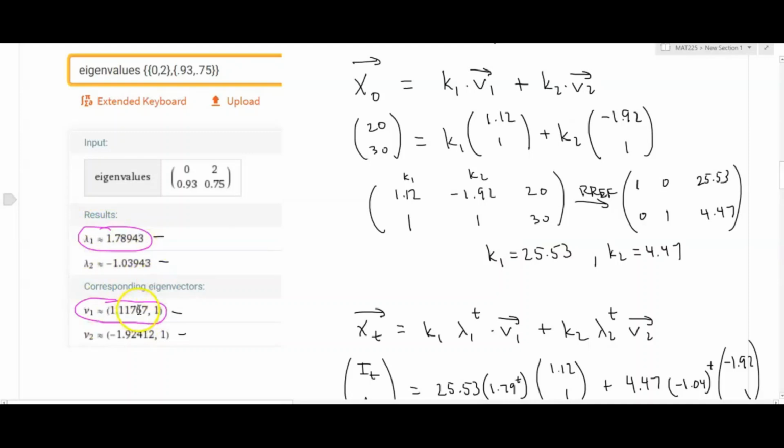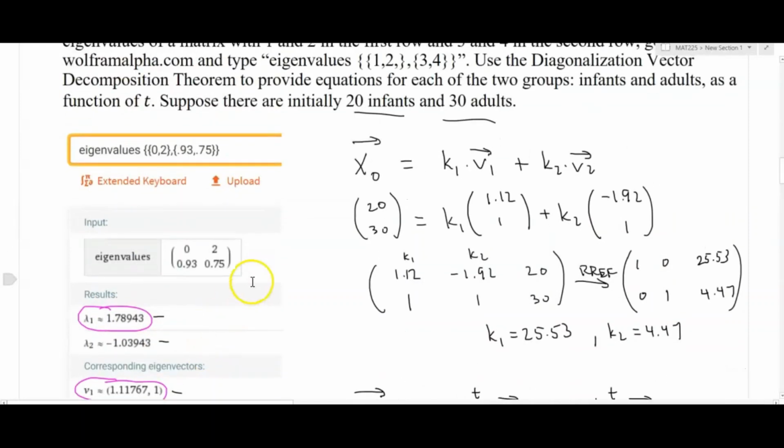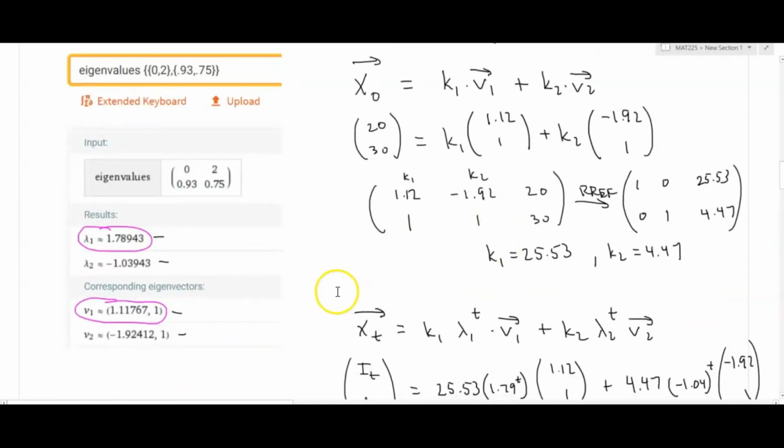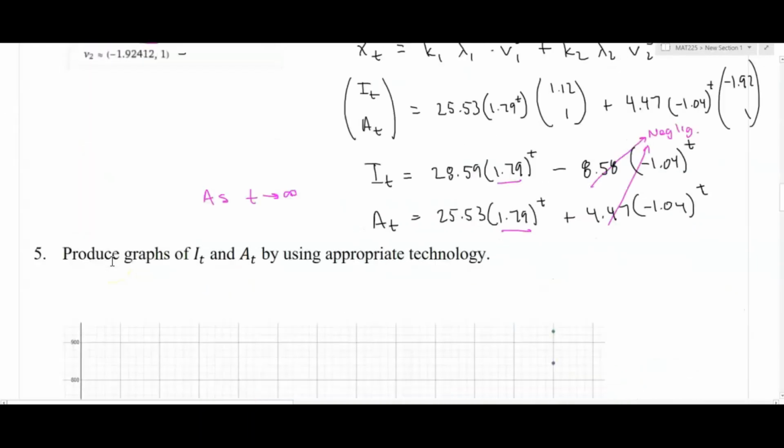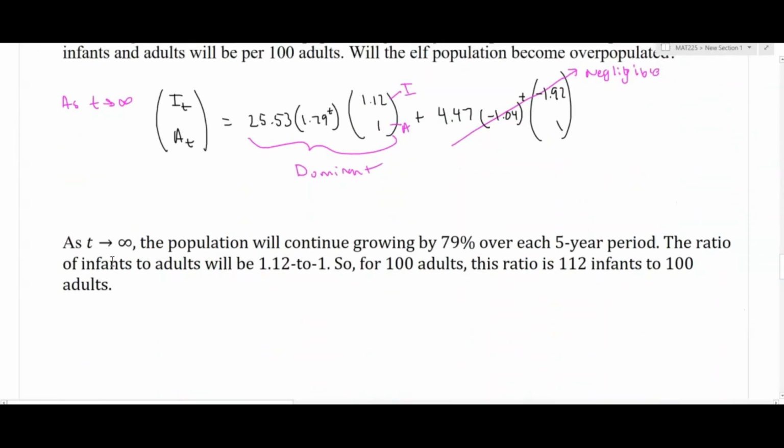And this will tell me that as t approaches infinity, the vector will grow by this factor, and the ratio of the two populations will be 1.12 to 1. So we're doing extra work, but we're performing some mathematics to be able to see it. However, it really just suffices to look at the lambda and the v corresponding to that dominant eigenvalue.